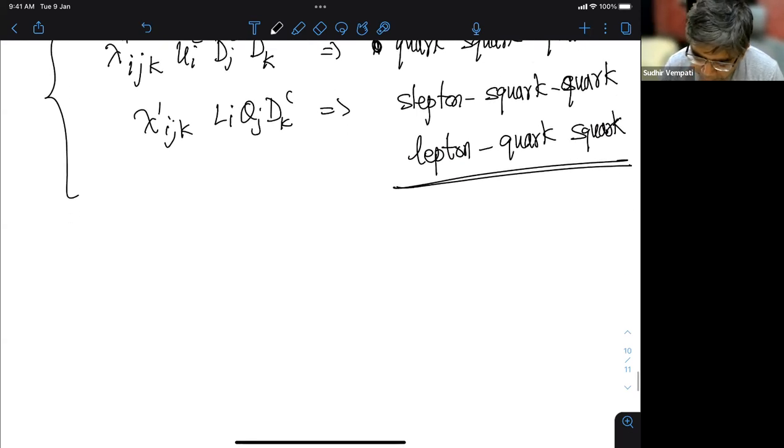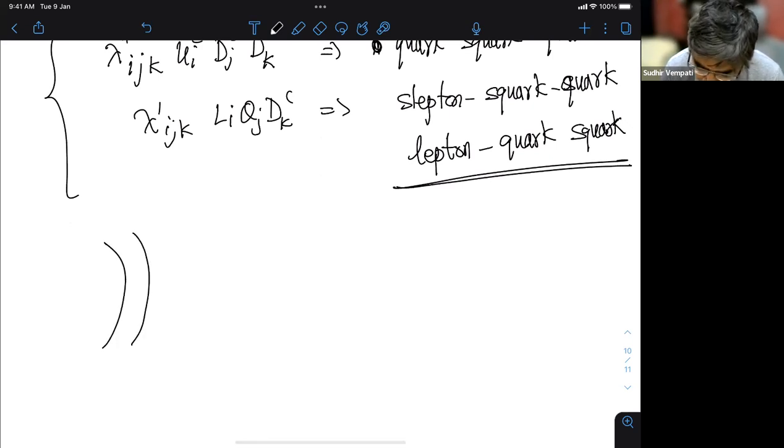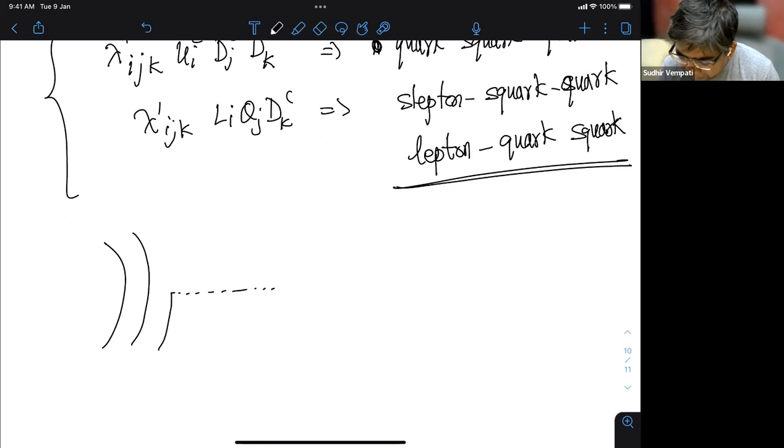So if you have, say, for example, a proton is made up of 3 quarks. So one of them can go to a squark, which goes into a lepton and a quark. Okay. And this will be something else, essentially.